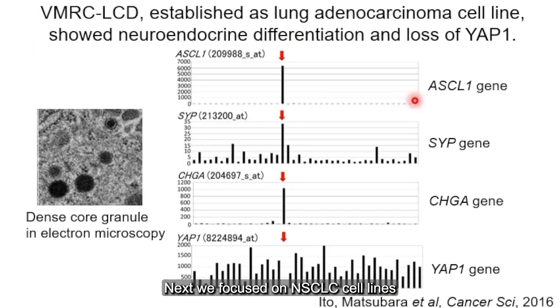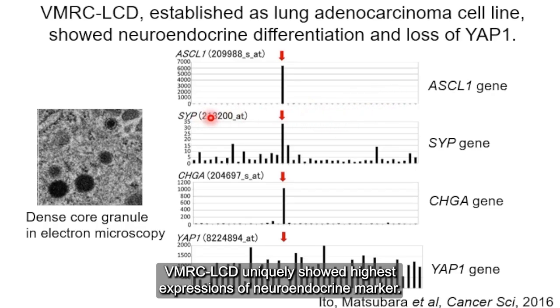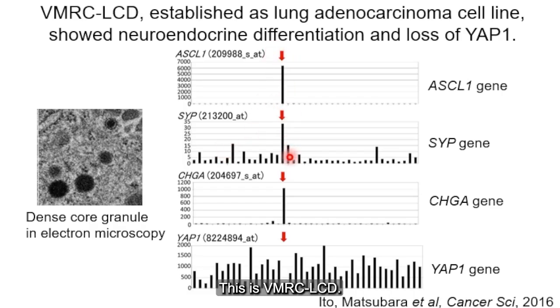Next, we focused on NSCLC cell lines. Among 40 non-small cell lung cancer cell lines, VMRC-LCD uniquely showed the highest expression of neuroendocrine markers.